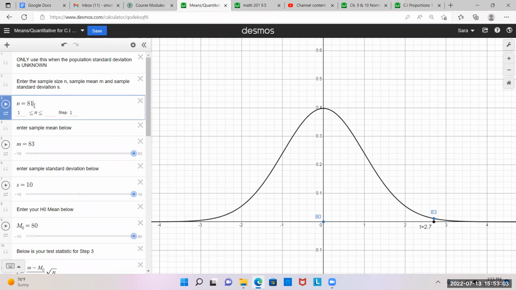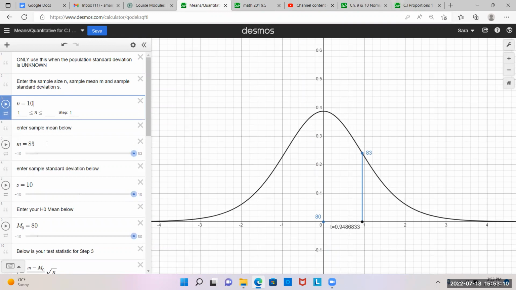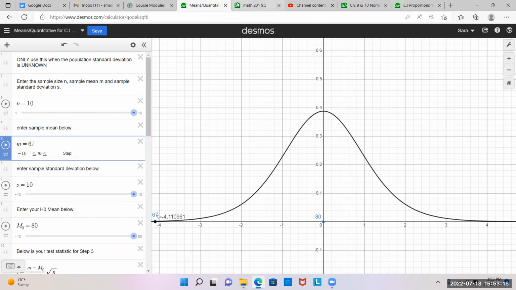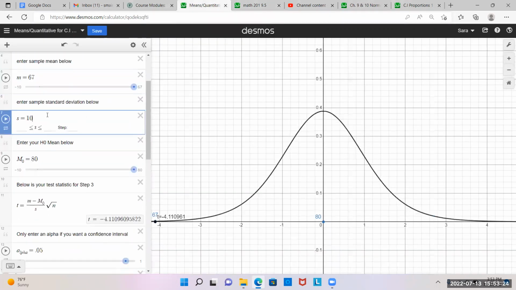So that's this case. We sampled 10 statistics students. The sample mean from the test was 67. Right here, you can see 67. And the sample standard deviation was 3.1972.